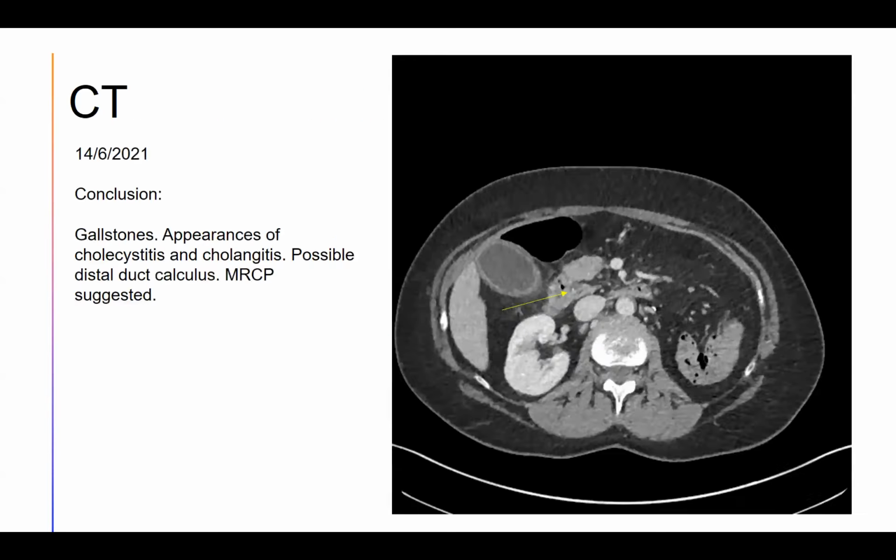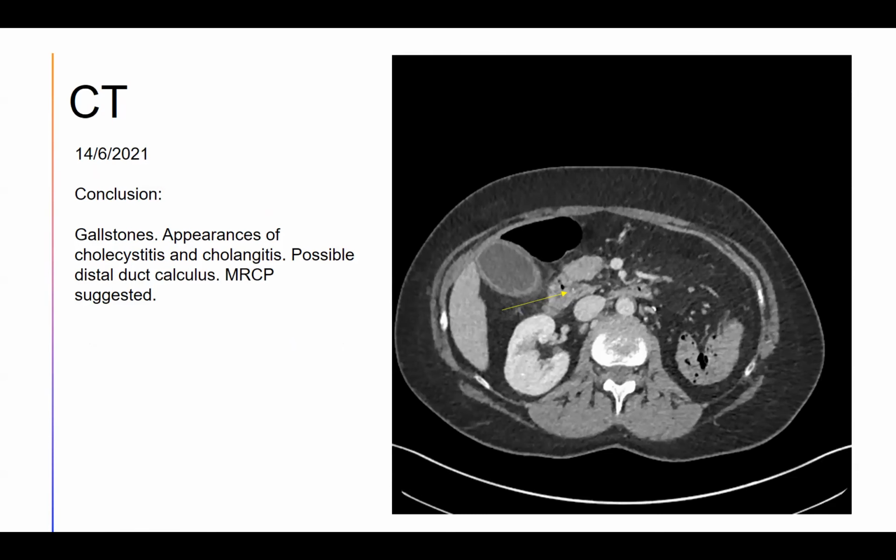She went on to have a CT scan, which essentially shows gallstones in the gallbladder, evidence of cholangitis with a thick-walled bile duct, and I've just drawn an arrow about a centimetre away from a little fleck of calcium, which was the stone in the bile duct, which I'm circling there.